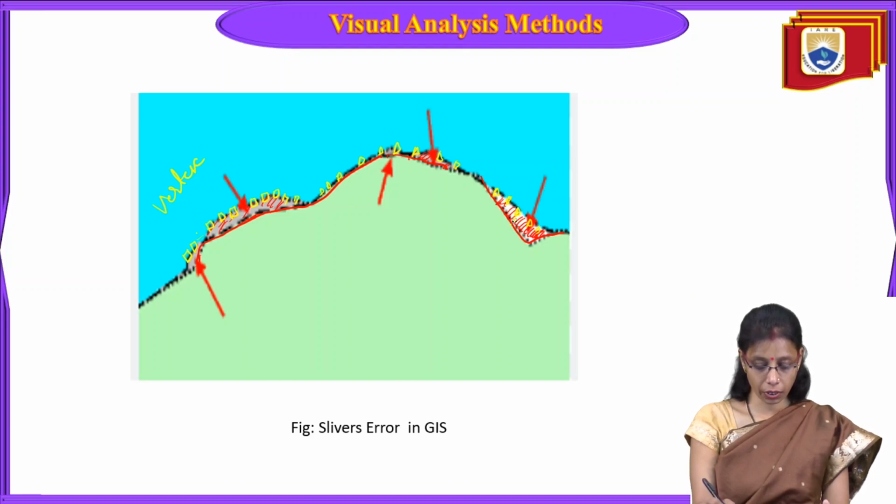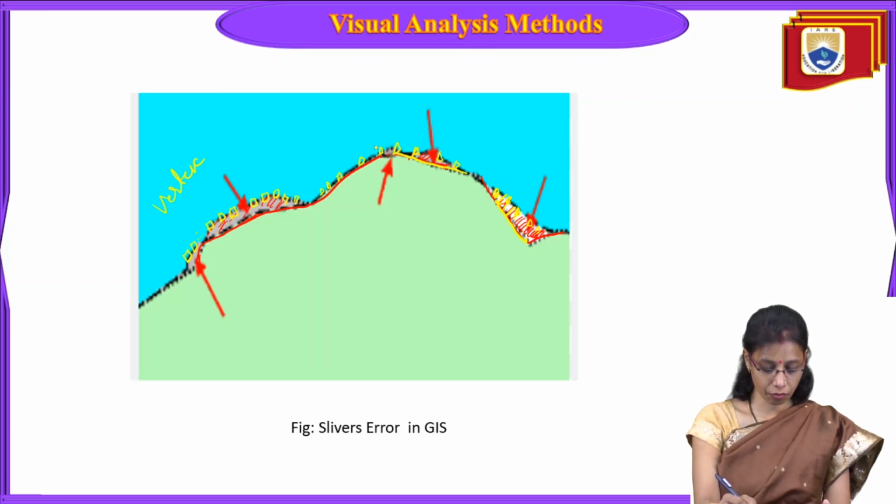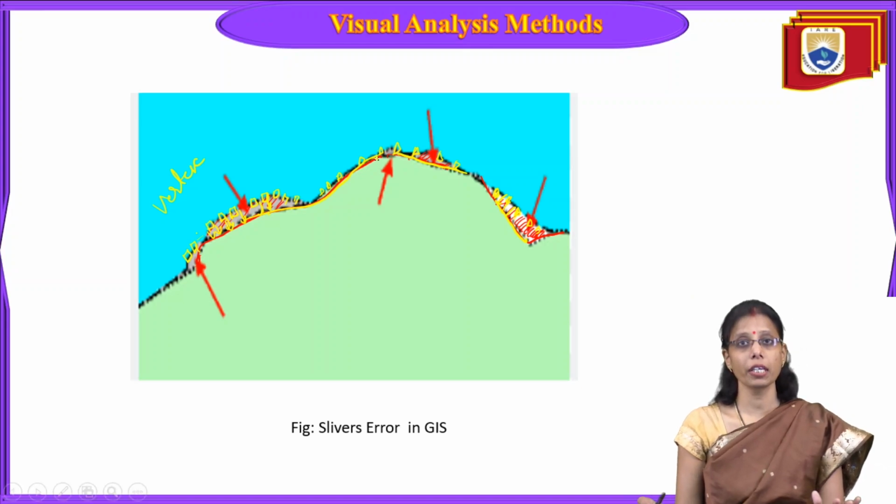These points are merged here exactly. So we move this line till here to snap it exactly on this line. Once you move this vertex here, you have to move the vertex here. Then it will exactly snap to this line, so the error will be removed. This is how we can remove the errors.